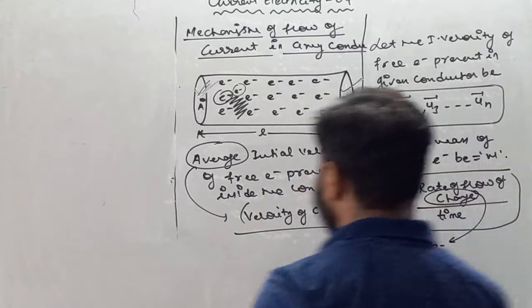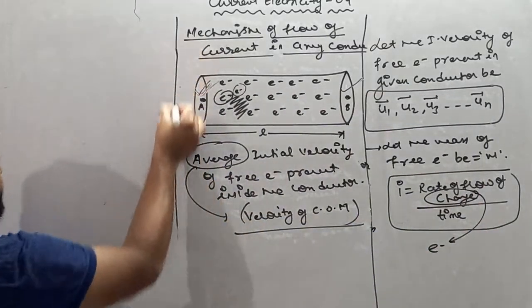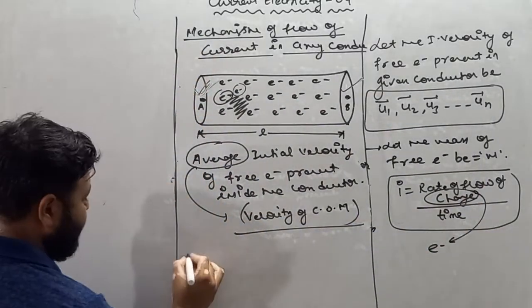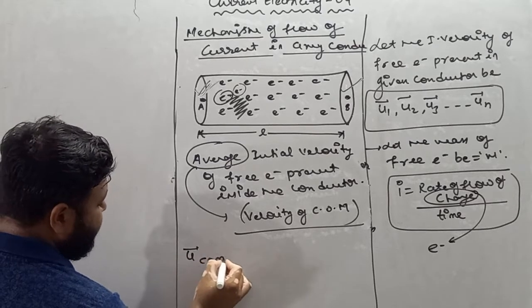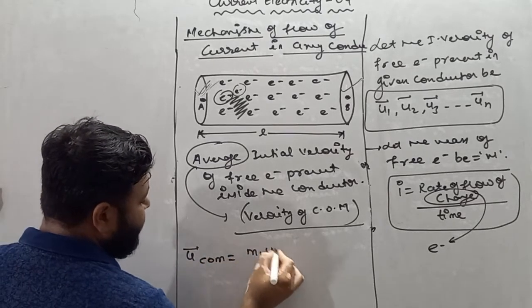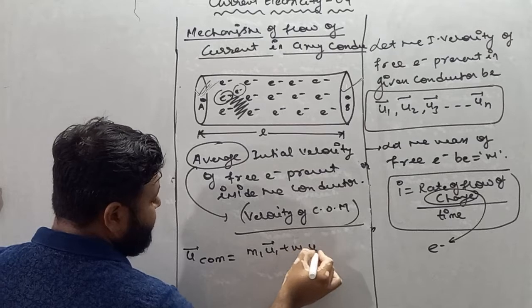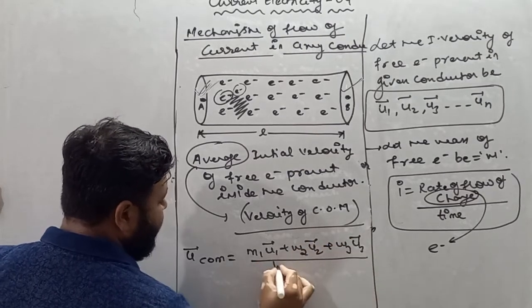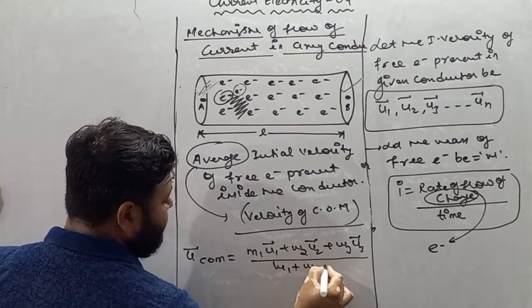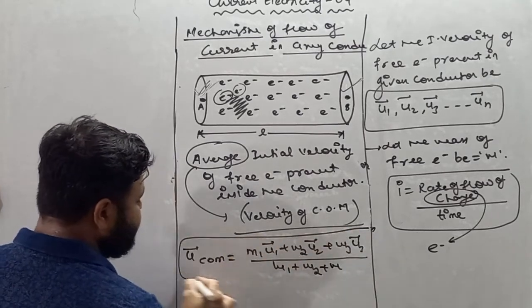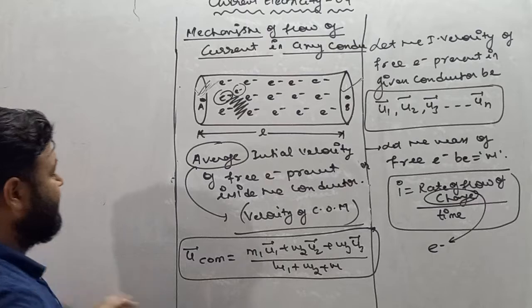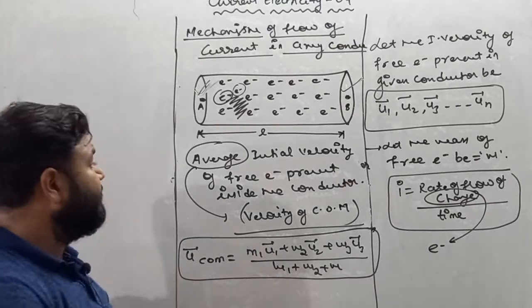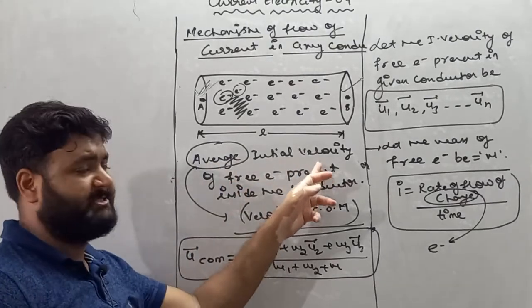So I am finding the velocity of center of mass. If you are aware of the formula of velocity of center of mass, it is (m1u1 + m2u2 + m3u3) upon (m1 + m2 + m3). Basically, this is the formula for finding the velocity of center of mass, which is also called the average.